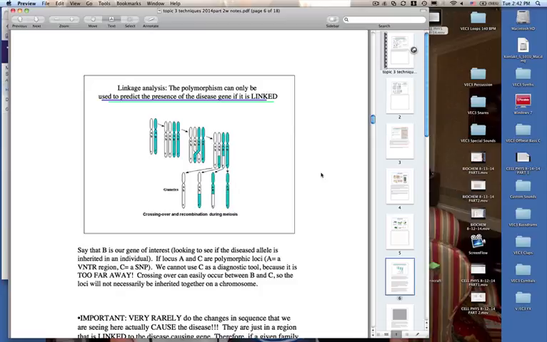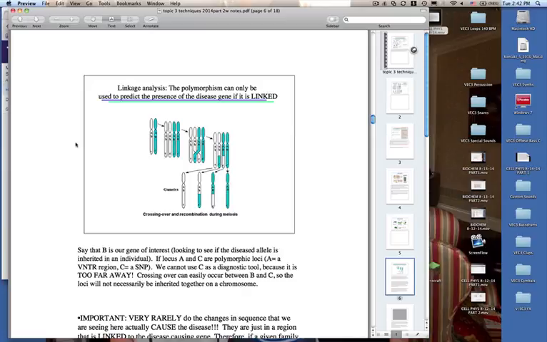So if this one seems to be inherited in the same pattern as the disease, well, probably this one is about 100,000 base pairs away. We've got a bunch of other ones that are closer in. So if that one seems to be tracked the same as the disease, we can move in closer and closer to the region that seems to really be inherited in the same pattern.